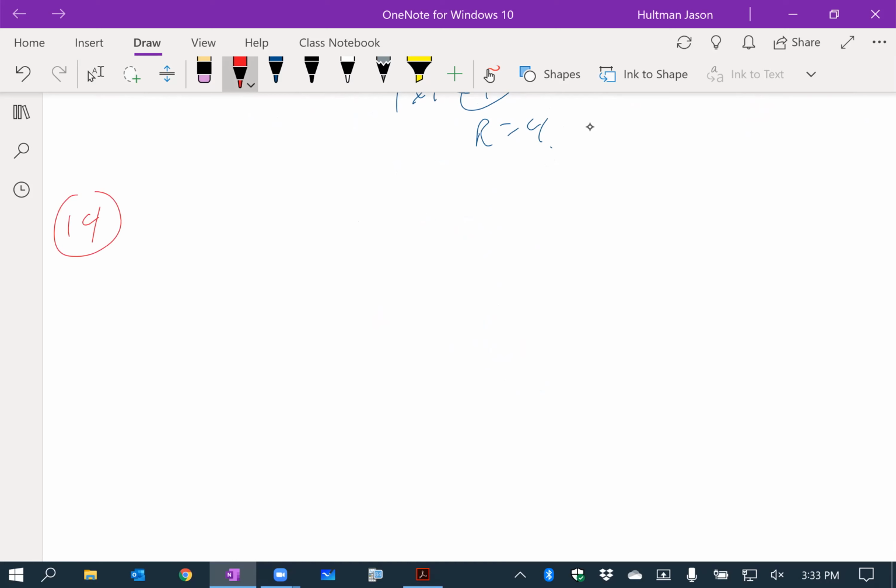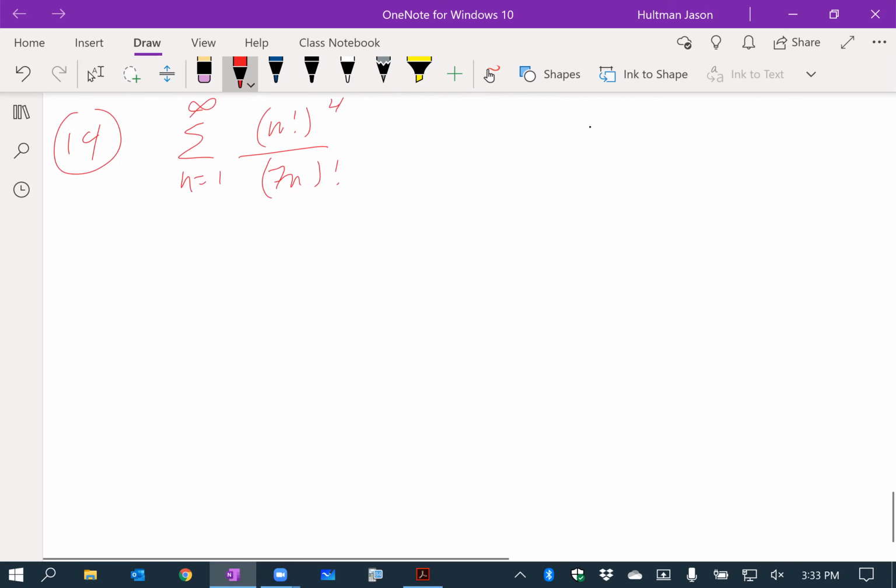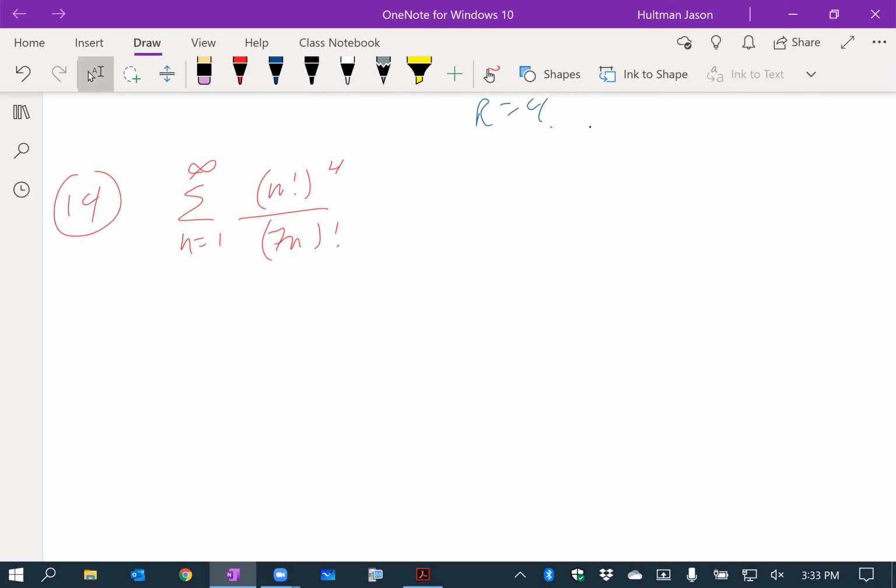Okay, let me make sure that I write really neatly because there are a lot of factors here. So we want to know the summation n equals 1 to infinity of n factorial to the fourth power over 7n factorial. Does this thing converge or diverge? We're going to do the ratio test on this one.